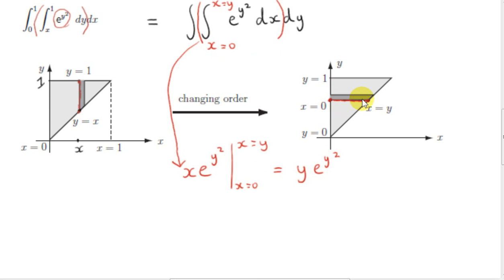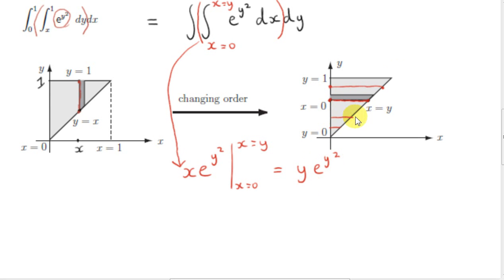We have the cross-sectional area under the surface e to the y squared in the horizontal direction for any horizontal line running from x equals 0 to x equals y, and you can see obviously y is varying, so for different values of y we will have different cross-sectional areas.